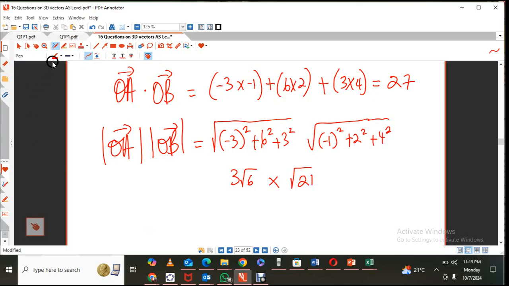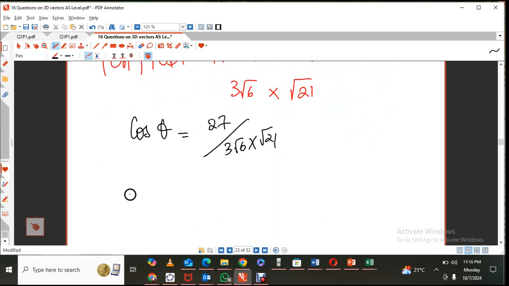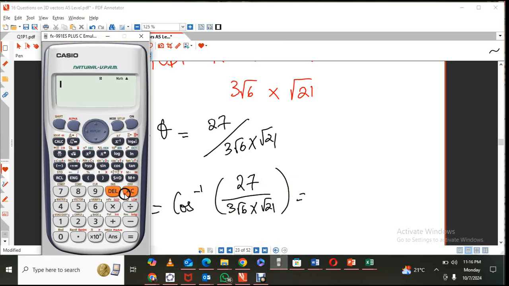So the angle between the two is nothing but cos theta equals 27 over 3 root 6 times root 21. Now let's see what my angle is. I'm just going to punch it in the way it is.